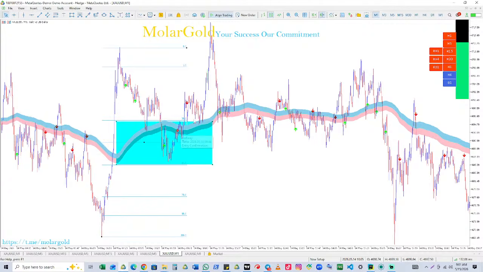So this arrow first will be a warning, we call it a warning arrow. Then you have tap, tap, send. So this tap, tap, send has now reversed, tap, tap, reverse. But this first arrow is a warning. This second one is tap, tap, send. It means that you have to be careful. Price can reverse anytime.